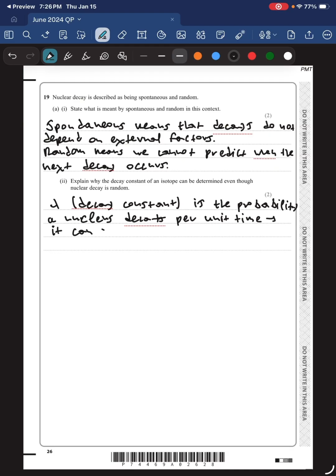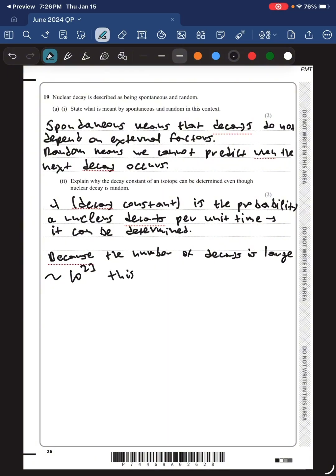It can be determined because the number of decays is large, proportional to Avogadro's number.